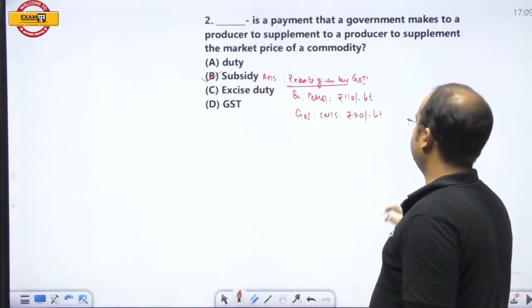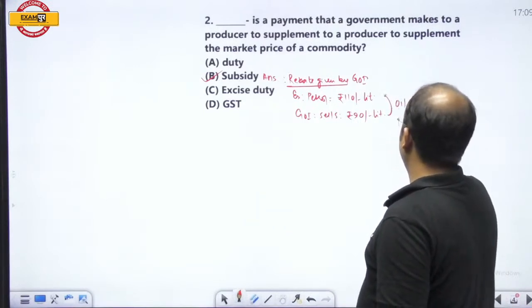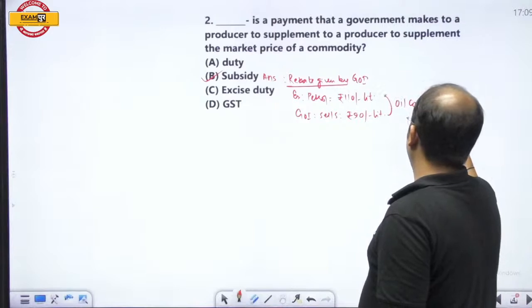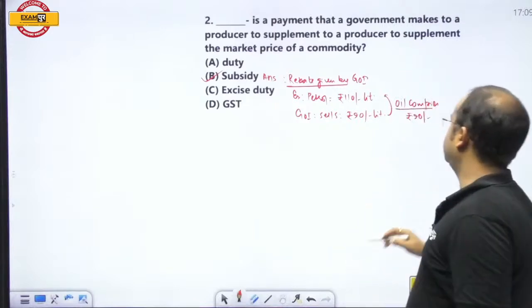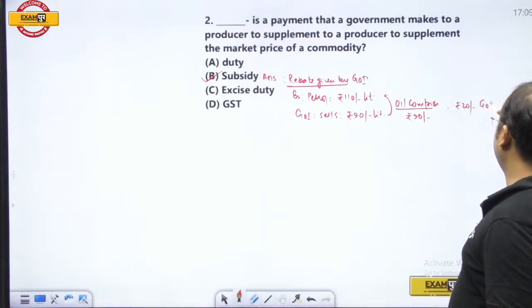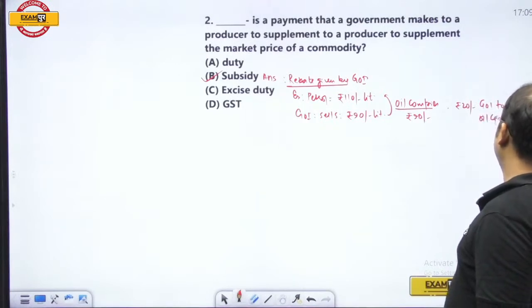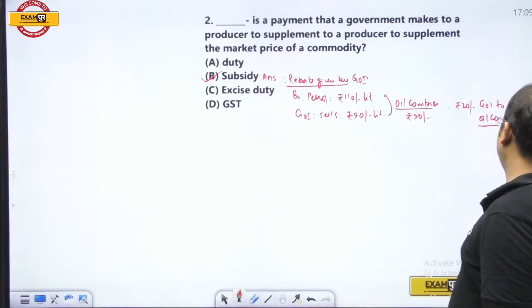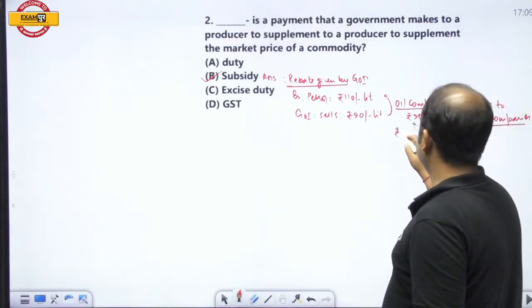So what will the Government of India do? It will instruct the oil companies to sell at 90 rupees per liter, and the remaining 20 rupees will be given by the Government of India to the oil companies. So that 20 rupees will become subsidy.